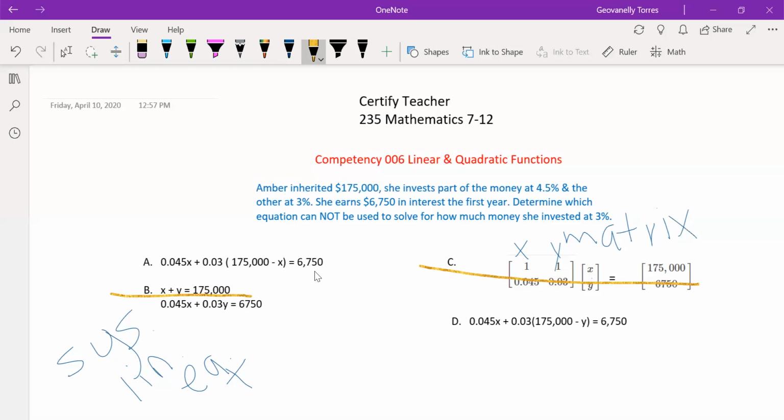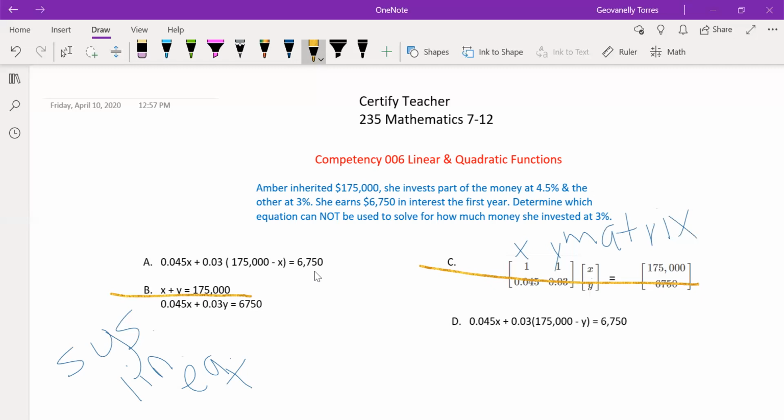If we look at answer choice A, we have 0.045x plus 0.03 times (175,000 minus x) equals 6,750.